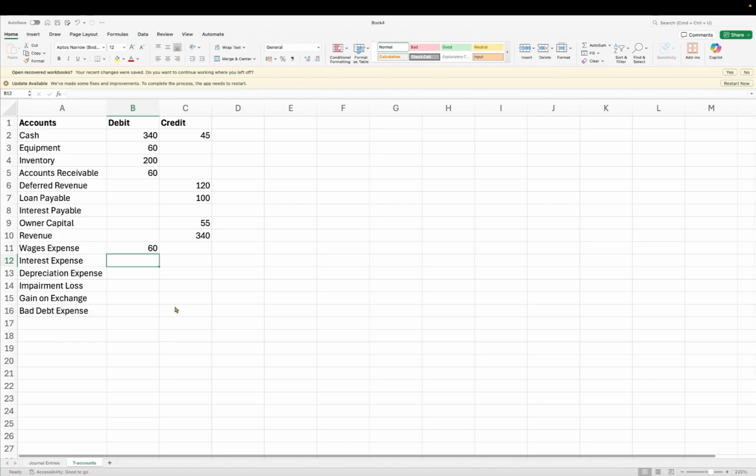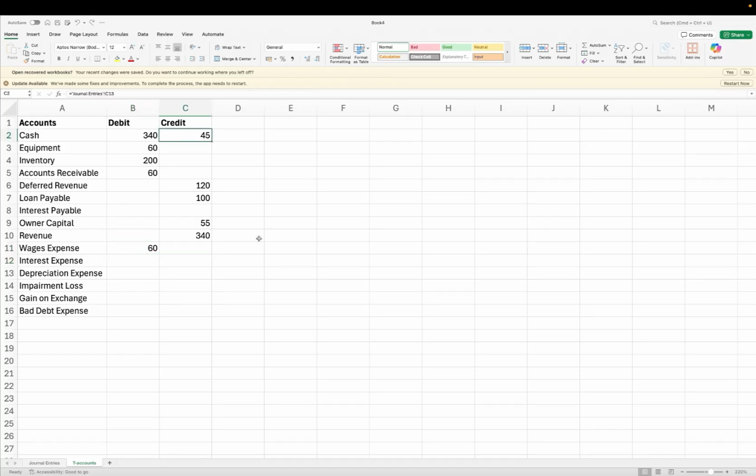This way. Wages expense represents the labor costs paid to the warband for completing the crypt job. Expenses increase with debits, making this entry on the account side. Next, posting the credit portion of the transaction. The journal entry shows a credit of 60 to cash, right?